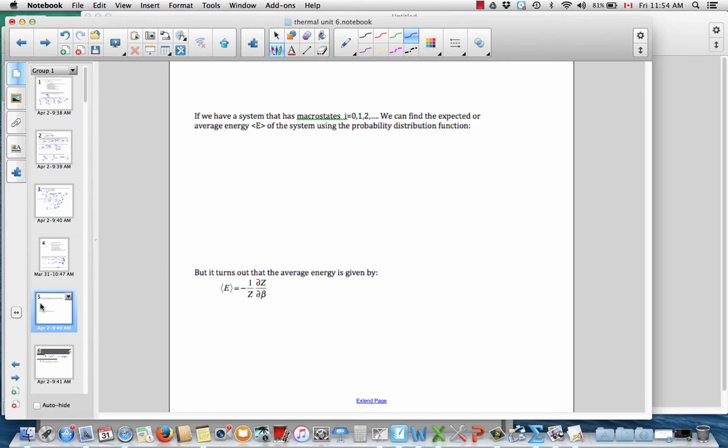So now we've got a probability function for the system to be in a given state. And so now we could talk about the average energy of the system. This is going to be a sum over all the energies weighted by the probability of the system being in that state.